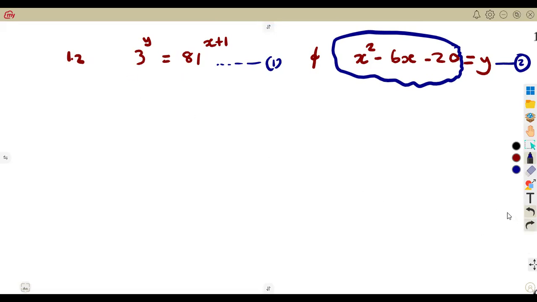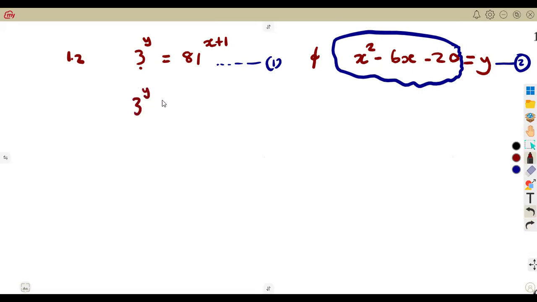Because in equation 1, we do not have that condition of y is equal to. It is there, but it is hidden with the exponents. They are trying to hide that condition, so we must look into this. All right. Let us try to simplify it in the simplest form of 3.